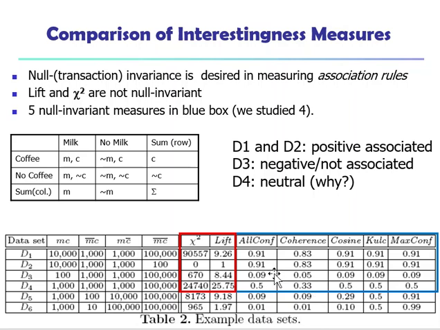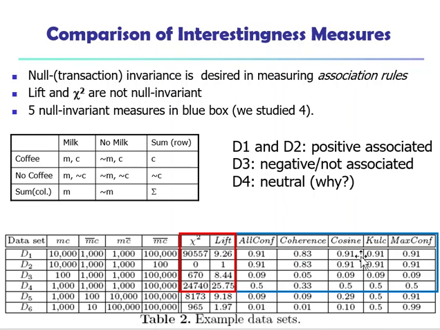And all the others, we actually covered: all confidence, cosine, max confidence. We did not cover coherence, but you can look it up if you are interested. But those 5 all have the characteristic of being non-transaction invariant.